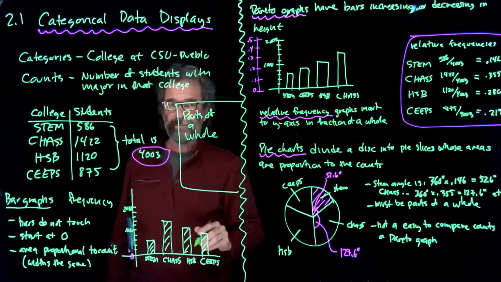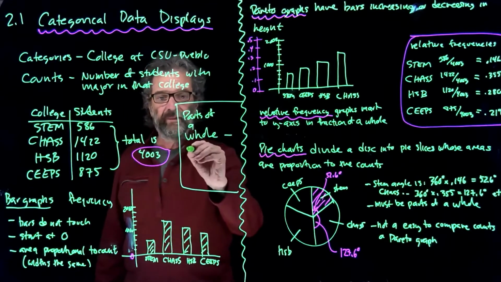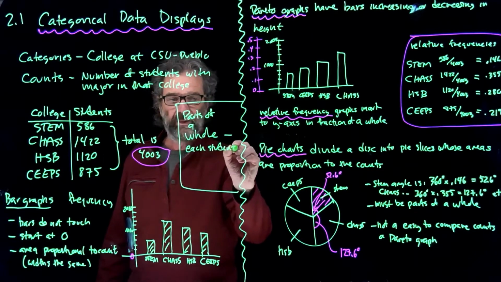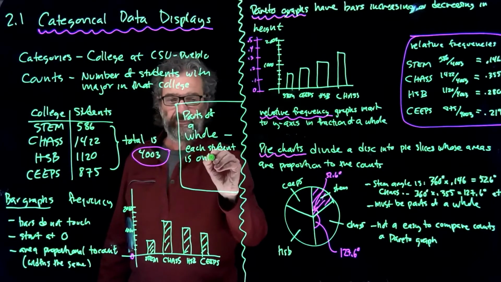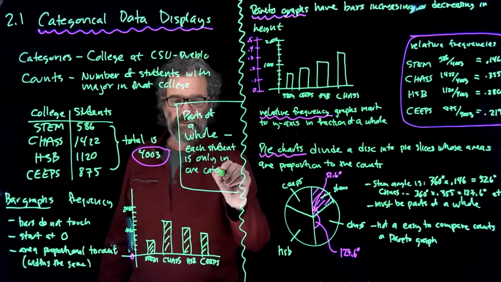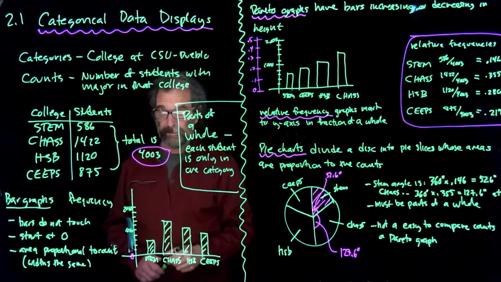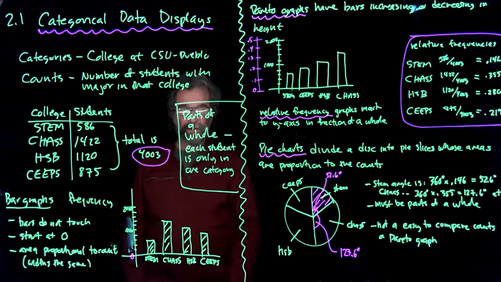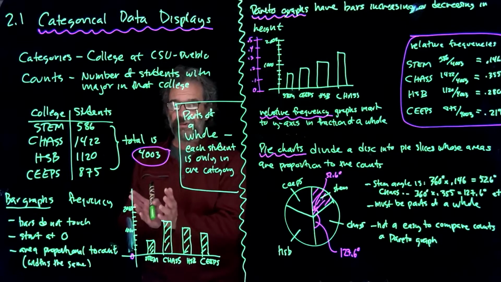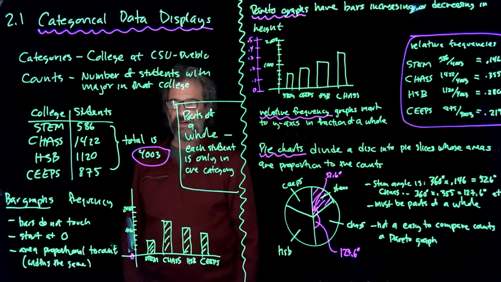That's to say, each student is only in one category. So when we're dividing up the whole into these pieces where you can't be in more than one piece at a time, where the categories don't overlap, we might say they're disjoint. You can't be in 2 at once.